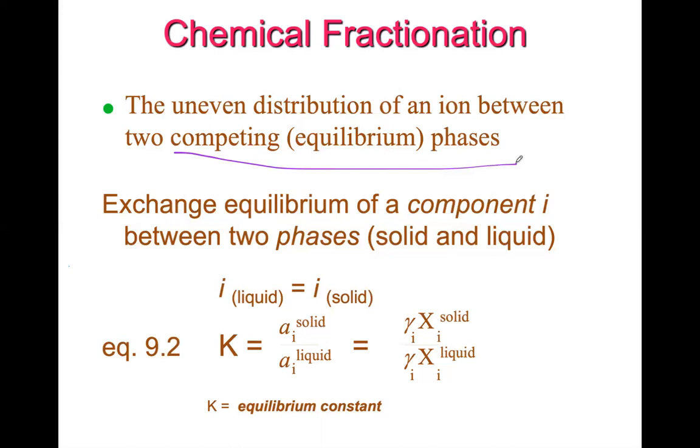Everybody wants to take up trace elements, they have the potential to take up. That's what we call competing phases. How much they can compete with each other depends on their individual properties, right? Because of that, there is always uneven distribution between phases, because each phase has its own limitations. Therefore, the distribution is uneven.